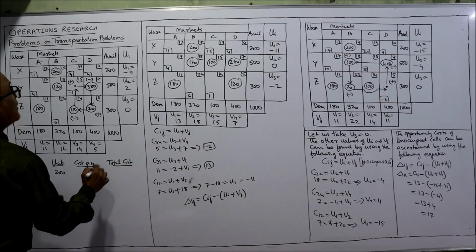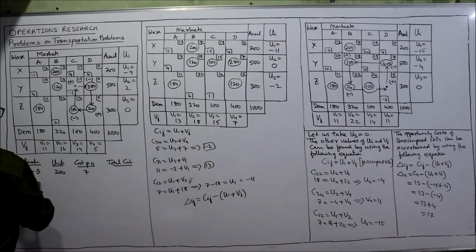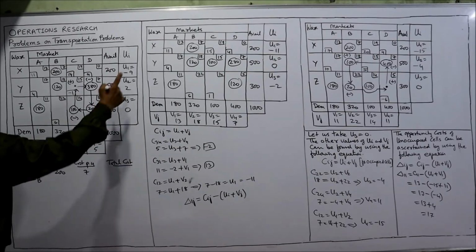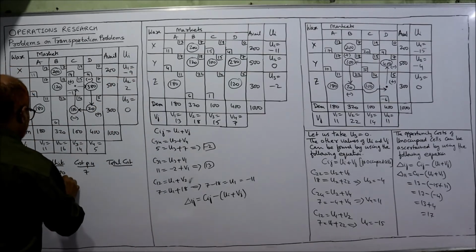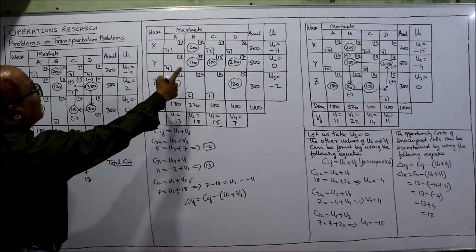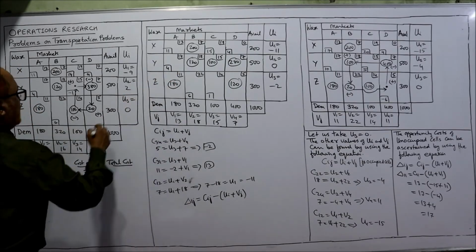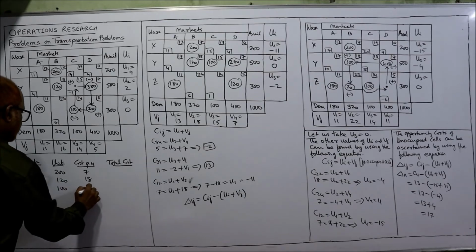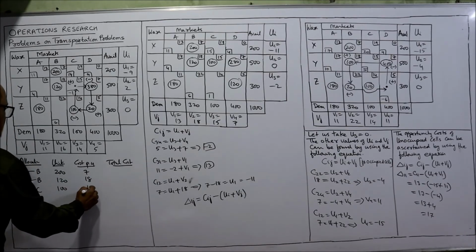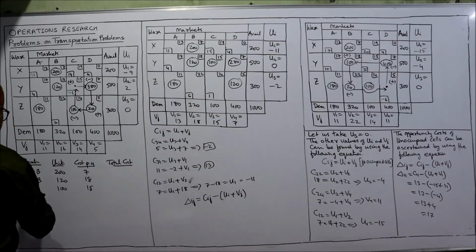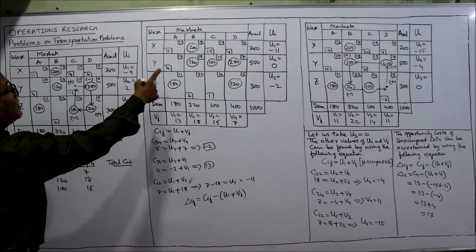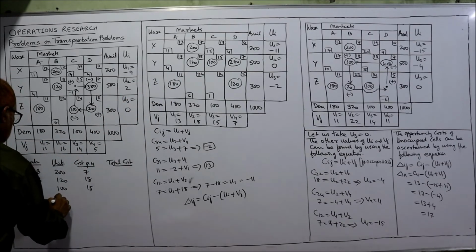Then Y to B: 120. Then Y to C: 100. Then Y to D: 280.